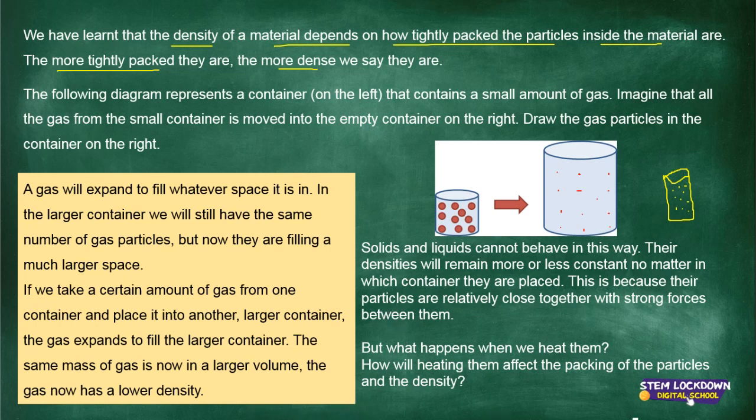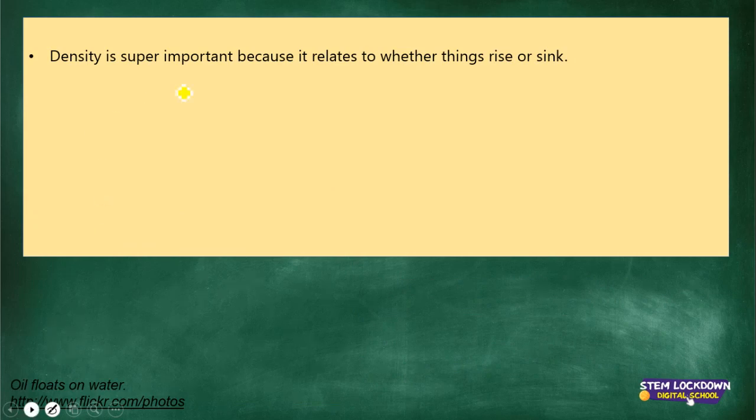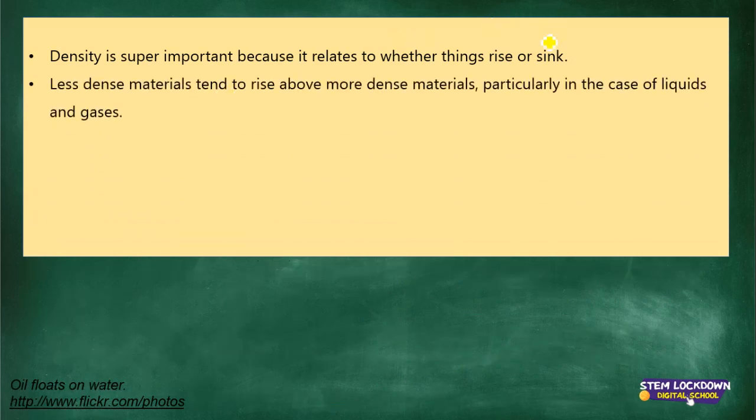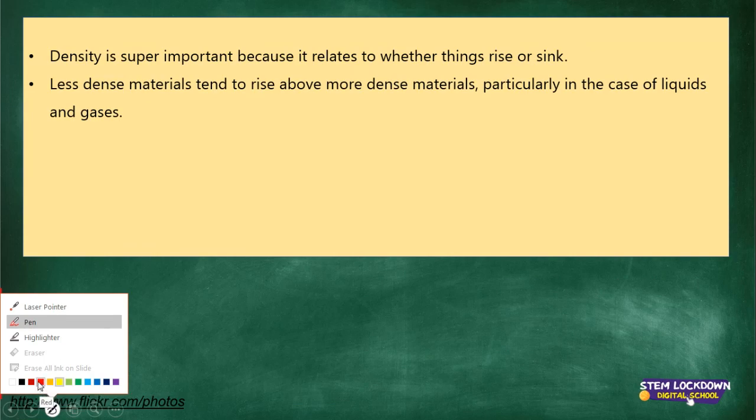I think there's a little technical glitch, so we're back to where we are. Okay. So now, density is super important because it relates to whether things rise or whether they sink. The less dense materials tend to rise above the more dense materials. I'm going to change the color of my ink because the yellow won't show so much on my background.